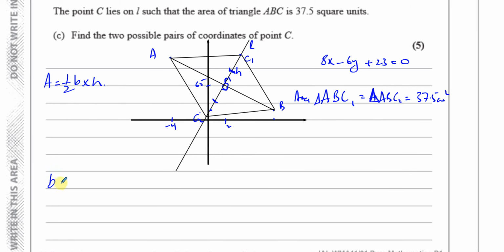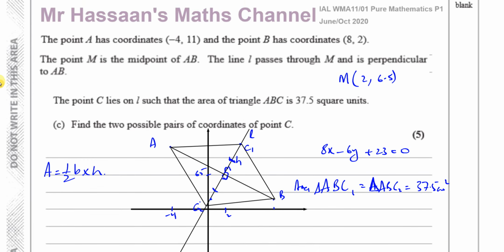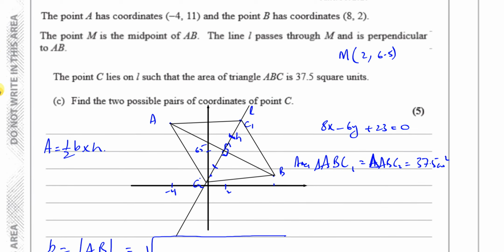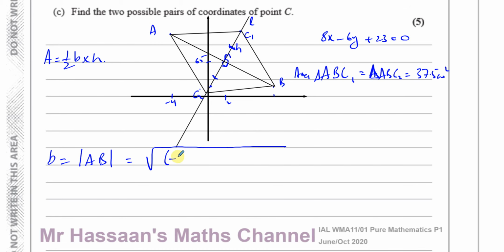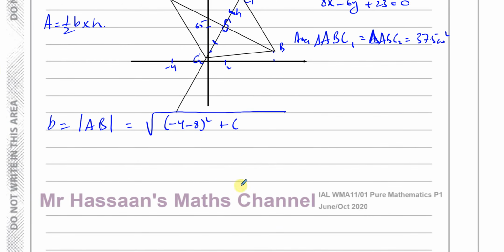So the base of the triangle is equal to the distance between A and B, which we can find using the distance formula, where we take the coordinates of A and B and subtract the x coordinates. So you're going to have -4 minus 8 squared, and we subtract the y coordinates, which is going to be 11 minus 2 squared.